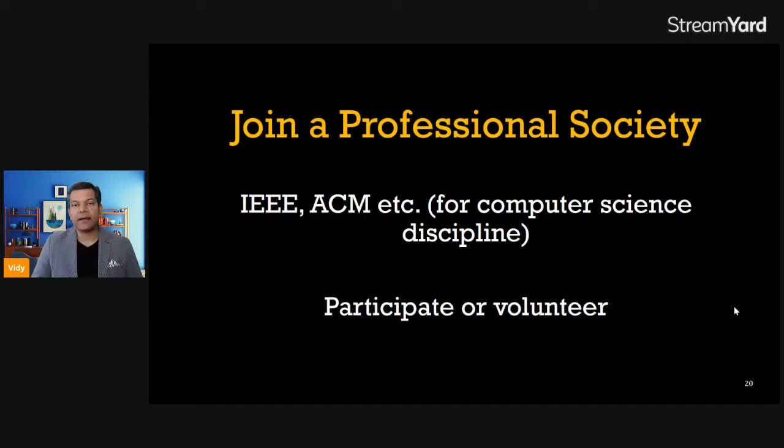Take an active role, participate in events they organize, and volunteer to help the society during your PhD, because that will help you build your networks, make more connections, and you never know who you will meet and how it will benefit you.